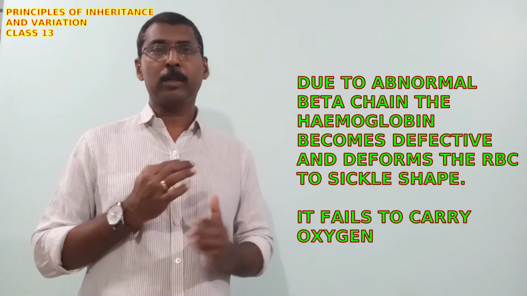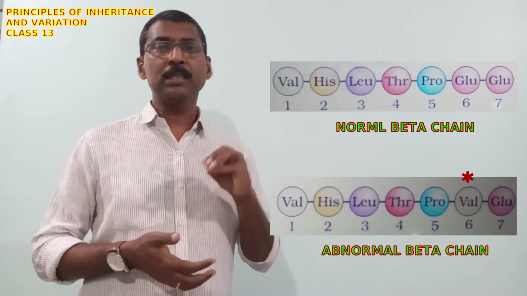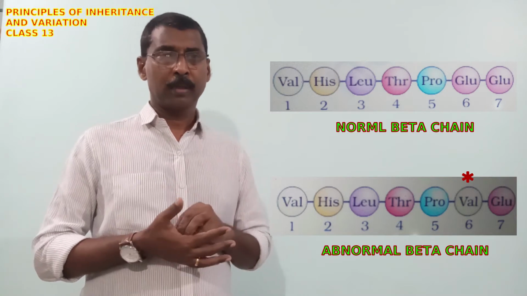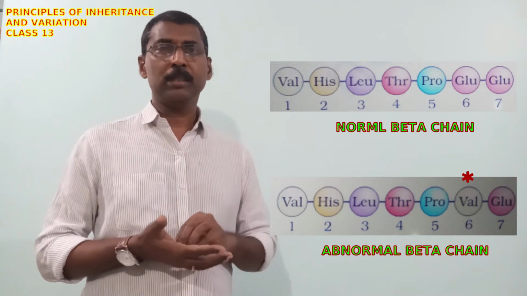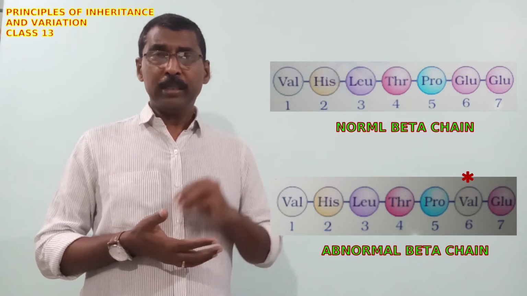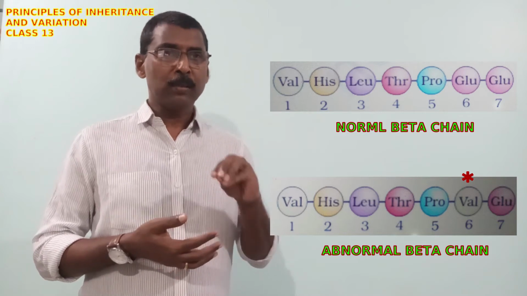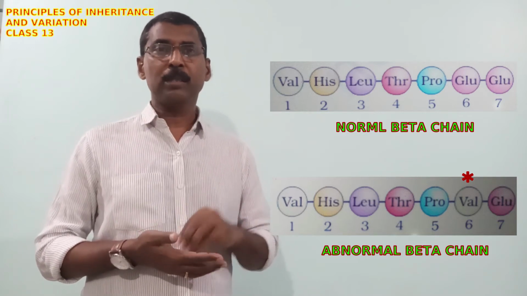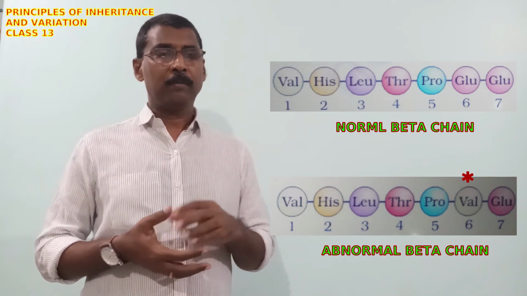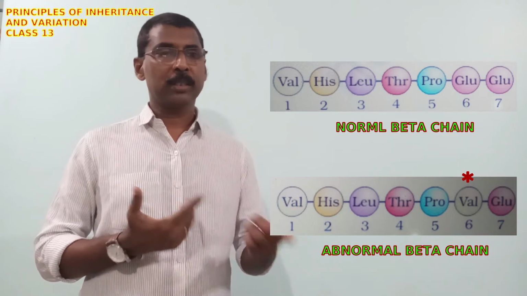Where lies the abnormality? The abnormality comes in the 6th position, the 6th amino acid. You have seen the 6th amino acid is glutamic acid. And in the abnormal hemoglobin, the 6th amino acid, glutamic acid, is replaced by another amino acid, that is valine.